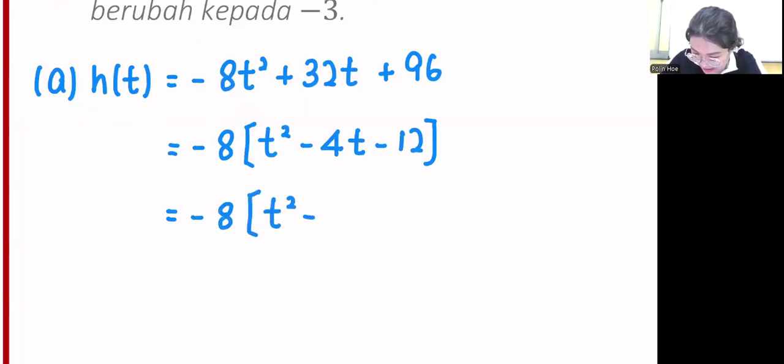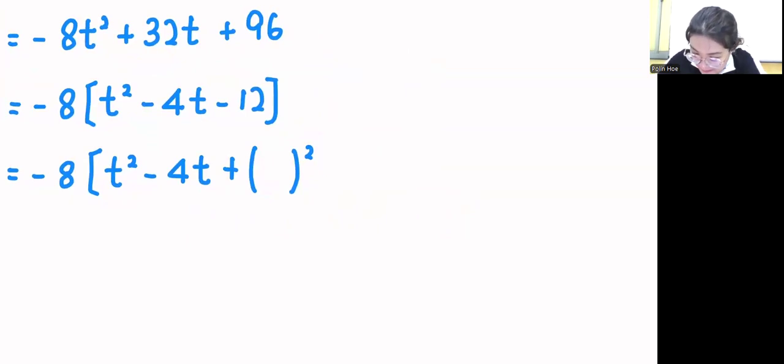Negative 8 times t squared minus 4t plus bracket squared, minus bracket squared, minus 12.